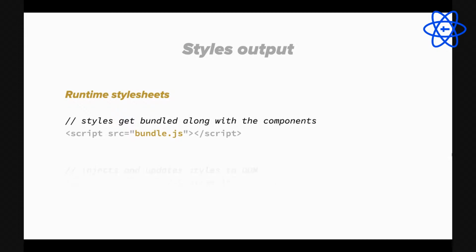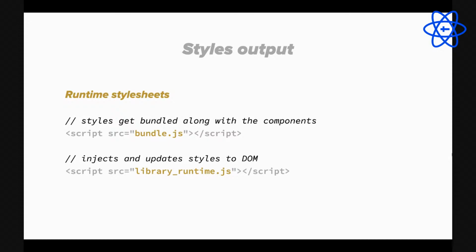And of course, we need additional code, let's call it the library runtime, that has to be shipped to the browser, which basically knows how to read the styles and inject them into the DOM so the browser can display the styles, because the DOM doesn't know how to read styles out of a JavaScript file. There are many different ways to perform this injection. I won't go into the details, but we can discuss this further during the Q&A.